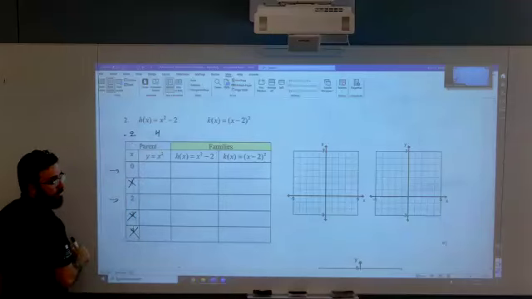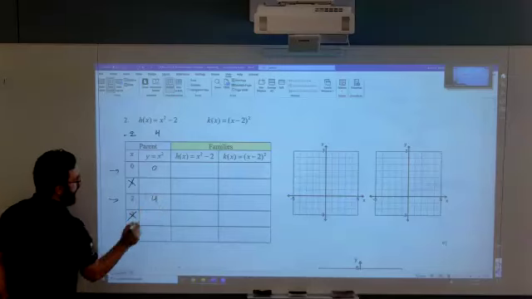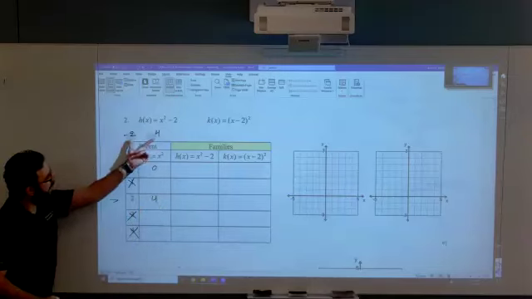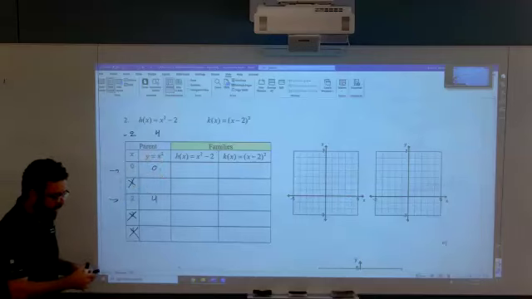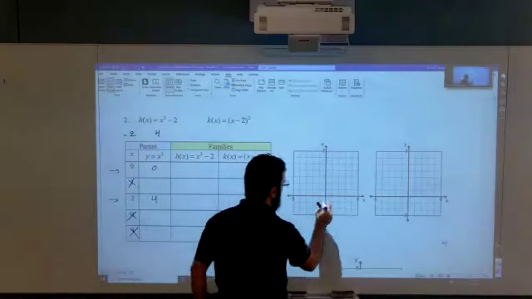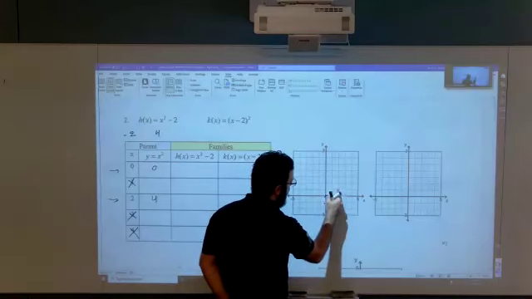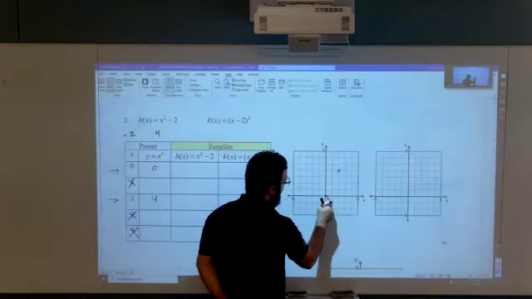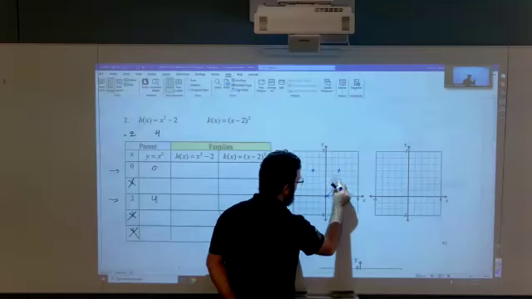I'm gonna write down the 4 here. Plug in 0, 0. Plug in 2, 4. Now, if we graph this point, we're gonna get the graph of the basic function. Let's check how it looks like. 0, 0, 2 and 4, 1, 2, 3, 4, and -2 and 4. So you see the graph of the basic function?